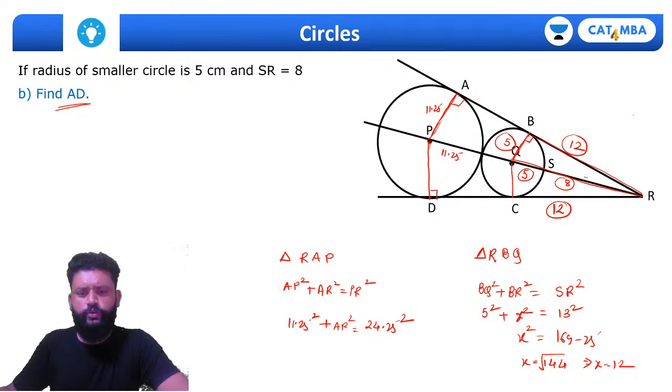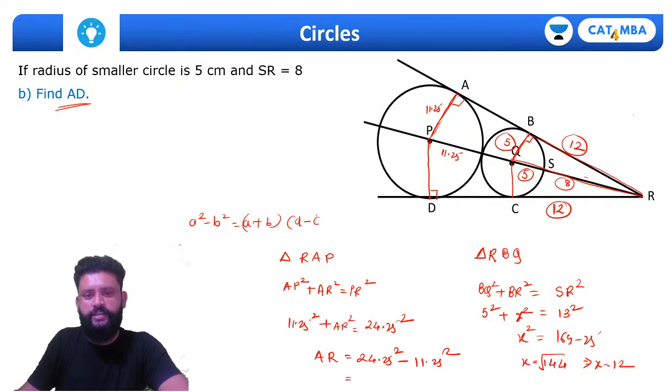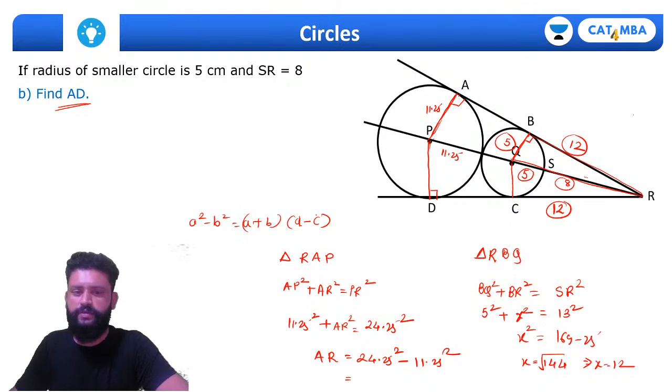So to calculate this, what you can do is AR square equal to 24.25 whole square minus 11.25 whole square, and we can use the formula A square minus B square equals A plus B into A minus B. That's not a big deal, but while doing these calculations this should come to your mind, otherwise you can also use a calculator, that's perfectly fine.